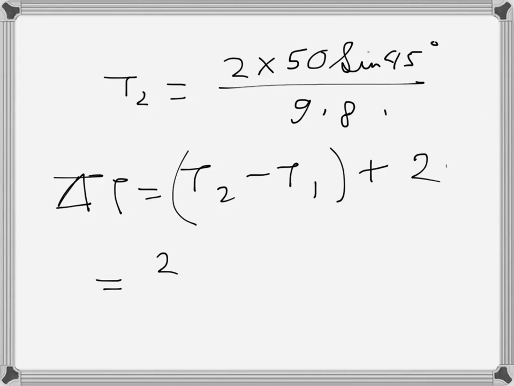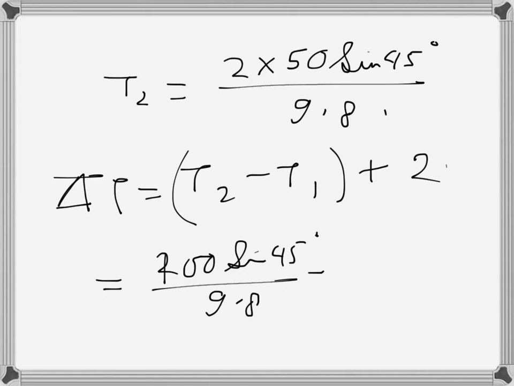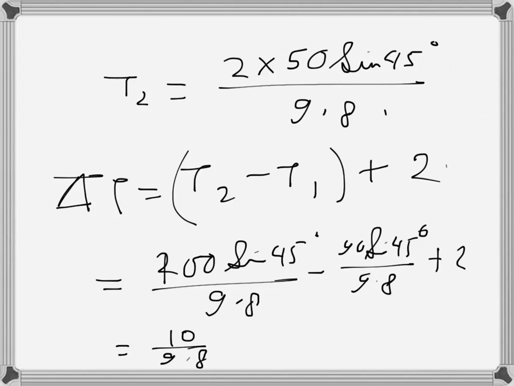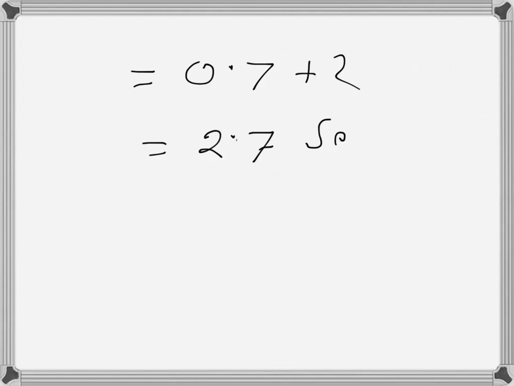So t2 minus t1 is 100 sine 45 over 9.8 minus 90 sine 45 over 9.8, plus 2. So that is 10 over 9.8 if we subtract, and sine 45 is 1 over root 2, and then plus 2. So if we do the whole thing, it becomes 0.7 and then plus 2. So 2.7 seconds later the second one will land.